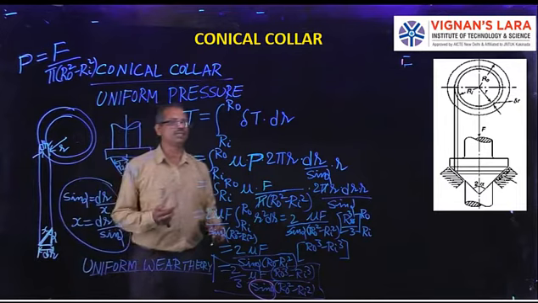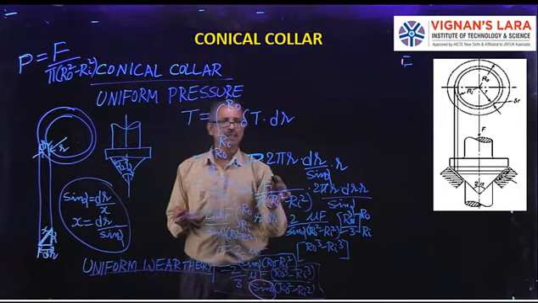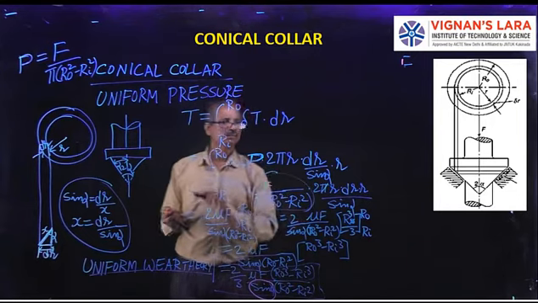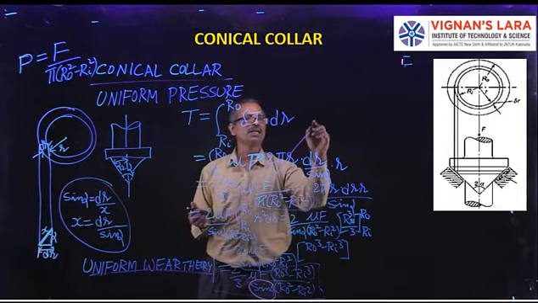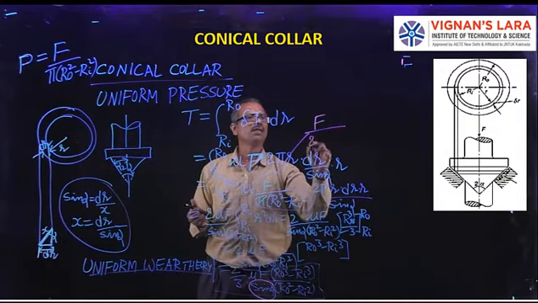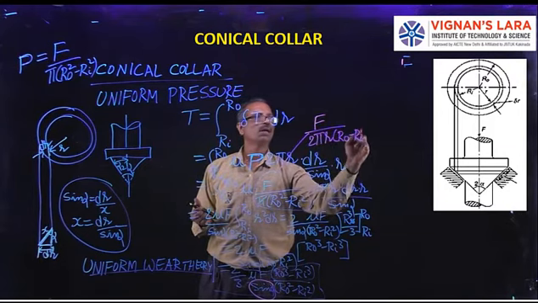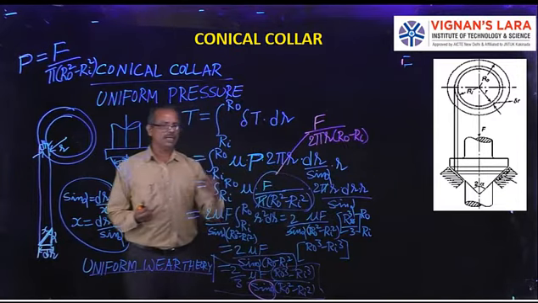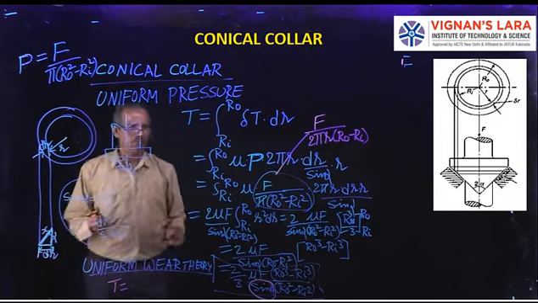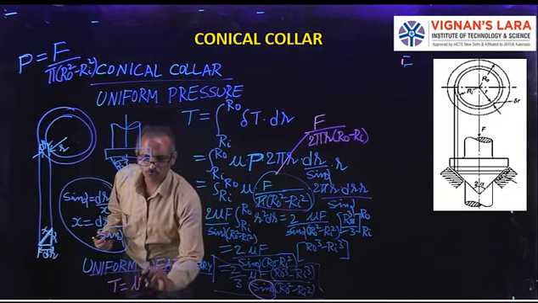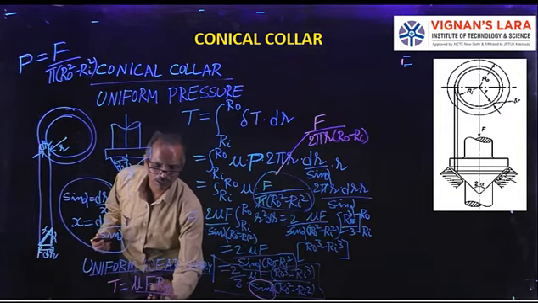In uniform wear theory we replace this P. In that case we write P as F by 2 pi (R naught minus Ri). The entire equation is the same, and finally we get T equal to mu F R mean by sin alpha.